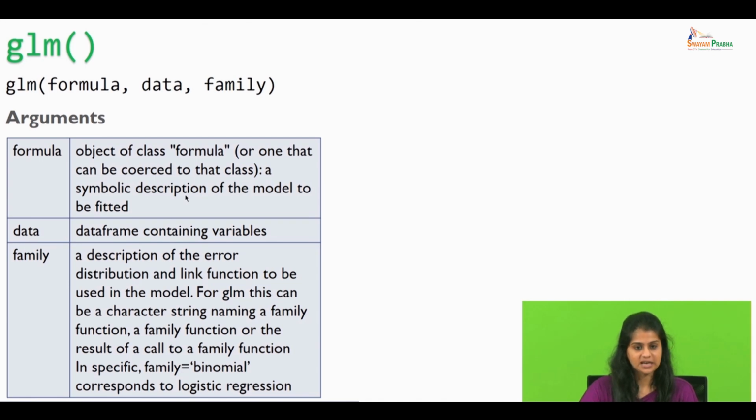So it's basically a class. Data is a data frame from which you want to obtain your variables, and family is binomial if you use logistic regression. There are also other families which are listed inside the function, but if you write family equal to binomial, then it specifically corresponds to logistic regression.